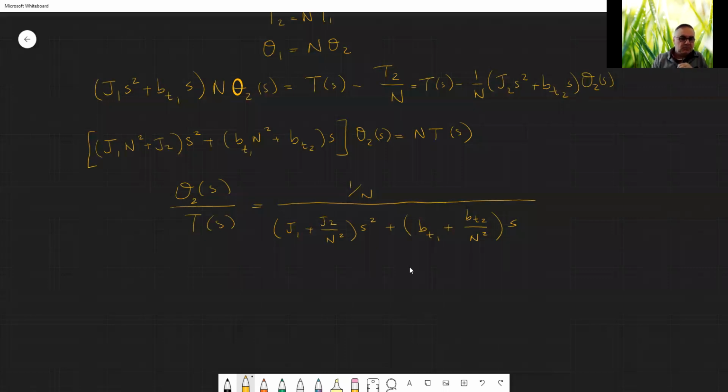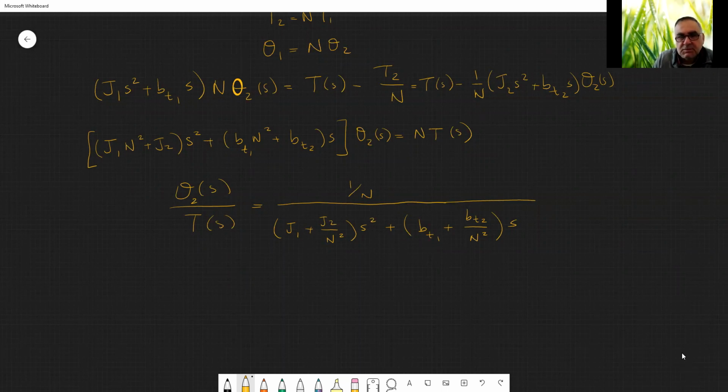As you see, J2 and BT2 are divided by N squared. These are the equivalent inertia and equivalent damping of the system when these things with the gearing are carried to the location of the generated torque, which is the motor. But the inertia of the motor and the damping of the motor are still there.